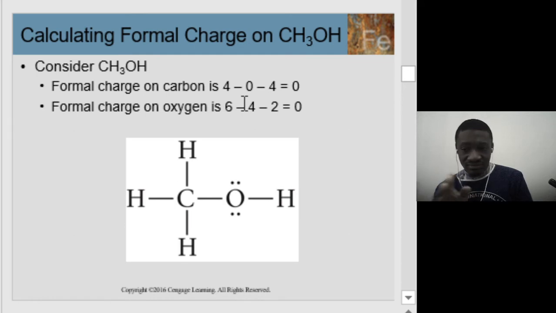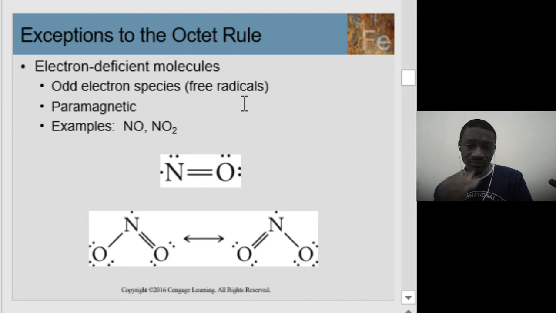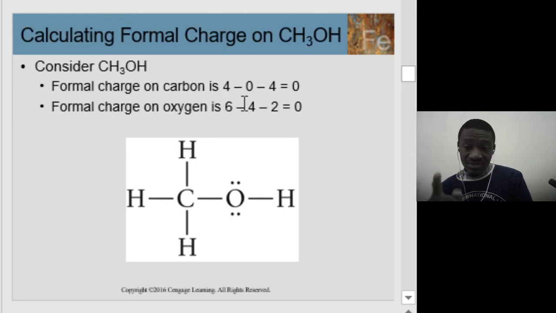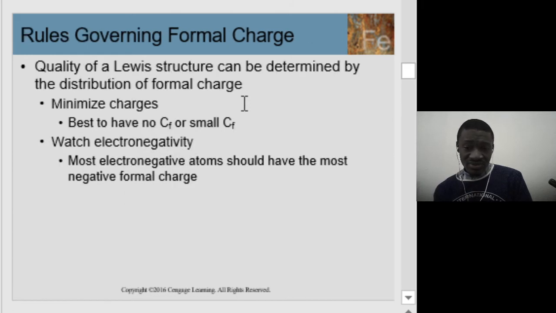So 6 minus 4 is 2, minus 2 is 0. For hydrogen, it's the same situation, so you have a formal charge of 0 all through. Hence, as we said previously, minimize charges: it's best to have no formal charge or a small formal charge.